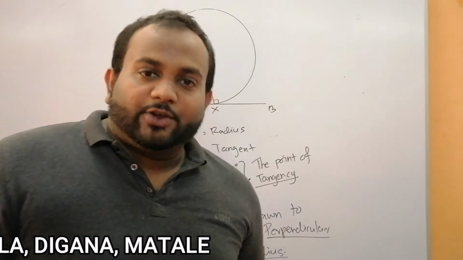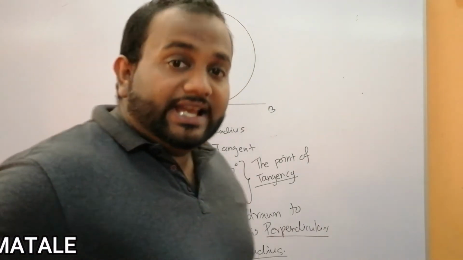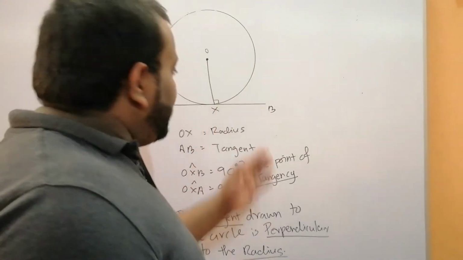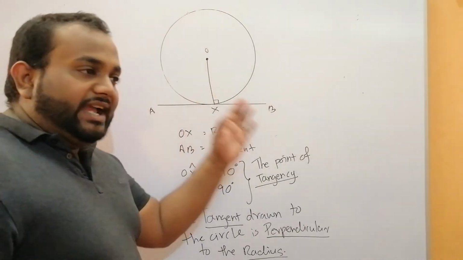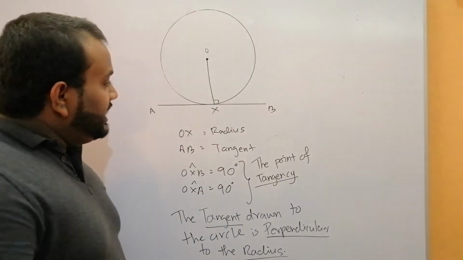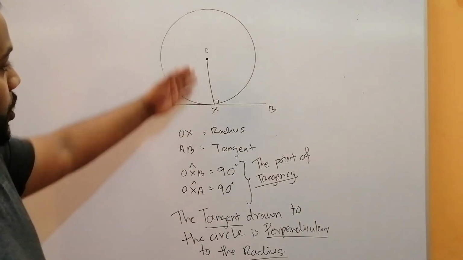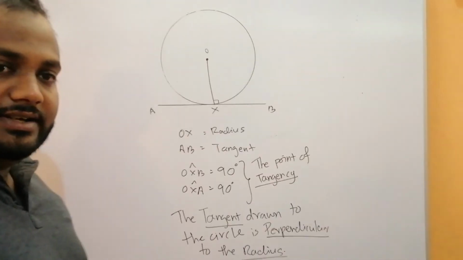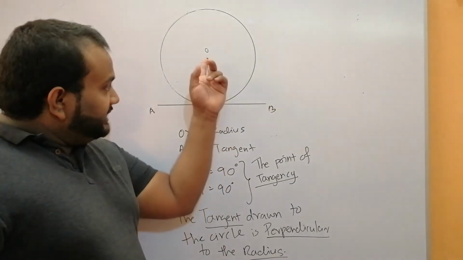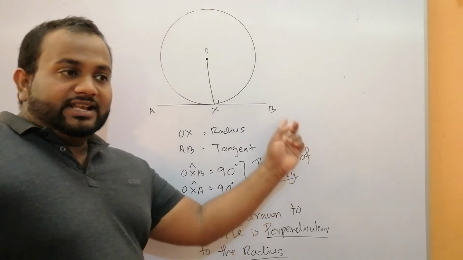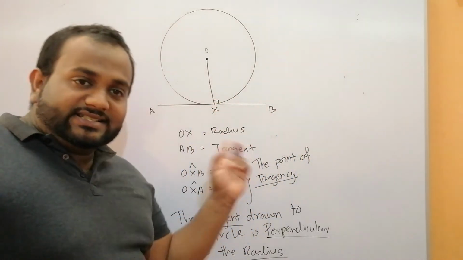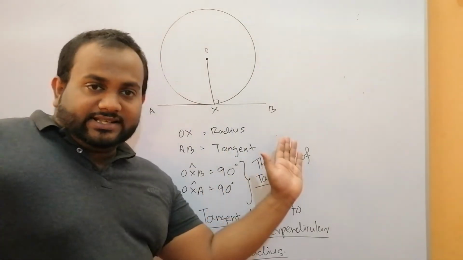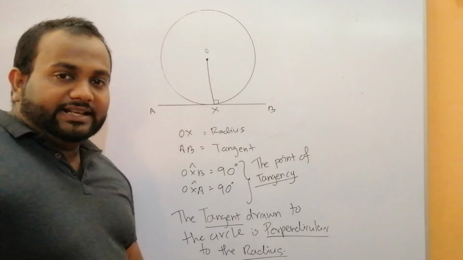Another sum, and a common mistake that our children make is they can't identify that this particular angle is 90 degrees, a perpendicular angle. Now what is this? OX is a radius and AB is a tangent. X is the point where the radius touches the tangent and the point where the tangent touches the circle. Therefore, when a radius is drawn to a tangent, it produces 90 degrees.